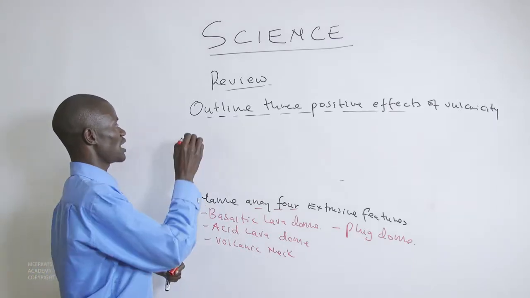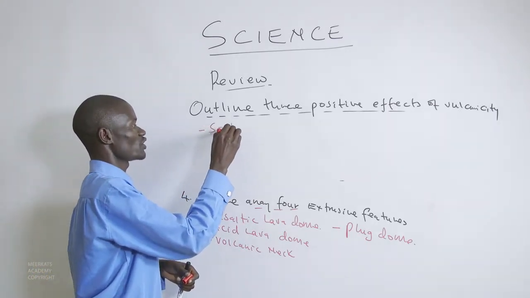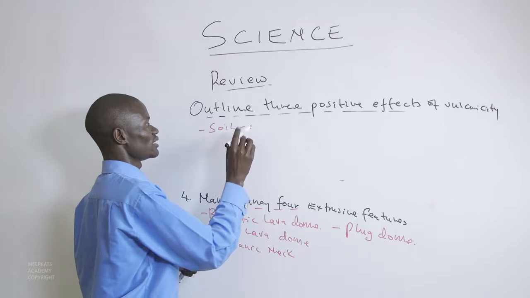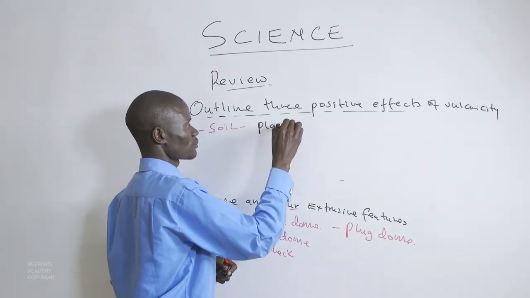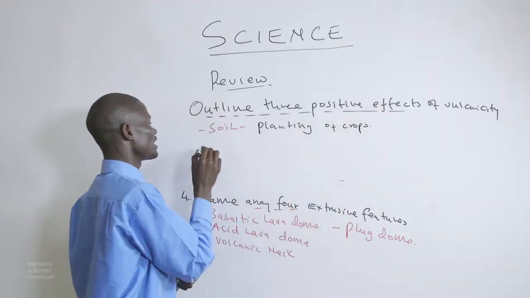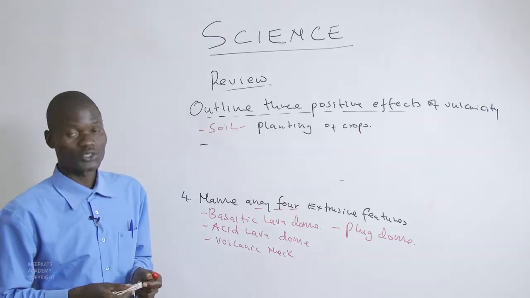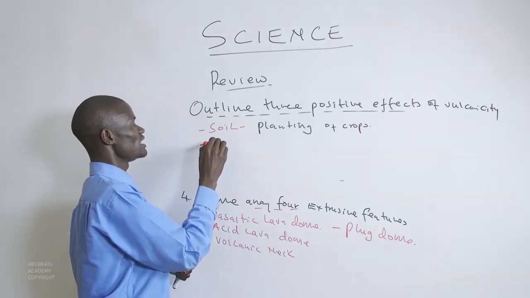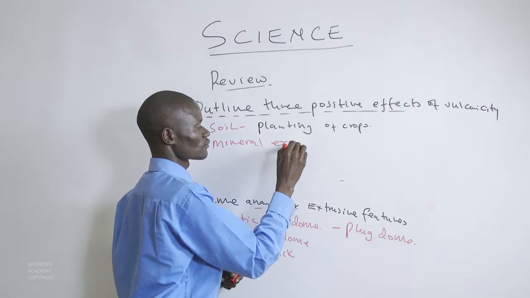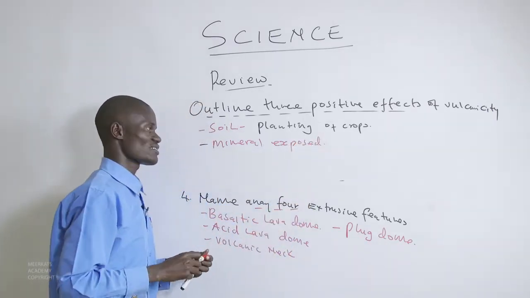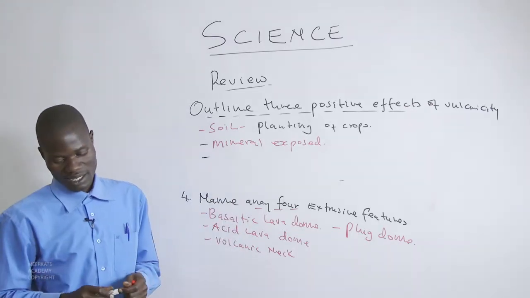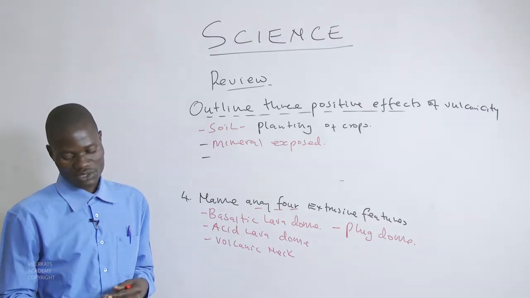That one you can quickly remember. One, we have been able to mention that volcanic mountains lead to the formation of soils. And you know the importance of soil. Soils encourage the planting of crops. You can mention any type of crop. And then we also have been able to outline that minerals are exposed as a result of volcanicity near the Earth's surface, therefore making them very easily mined, and they can be used in various uses.